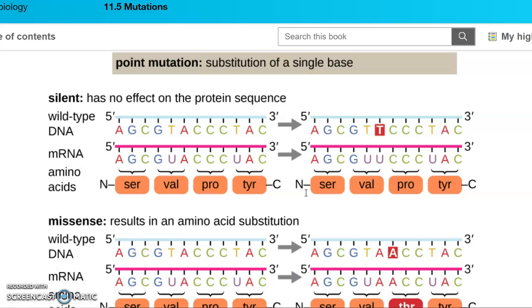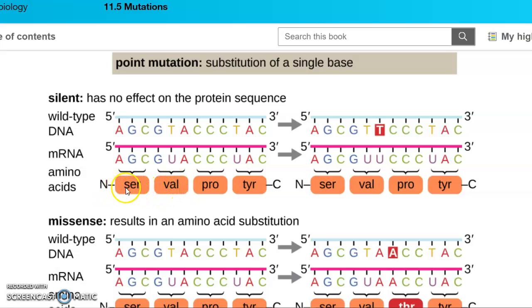Remember that we have some redundancy in the genetic code, and in this example here, we should have this A here, but we've got a mistake of having a T. So when this is all translated, the nucleotide is wrong, and with the nucleotide being wrong, that could potentially affect the amino acid, but because of that redundancy, it doesn't.